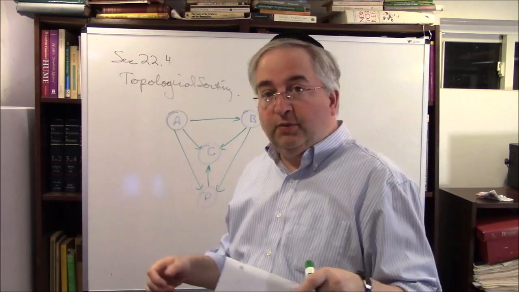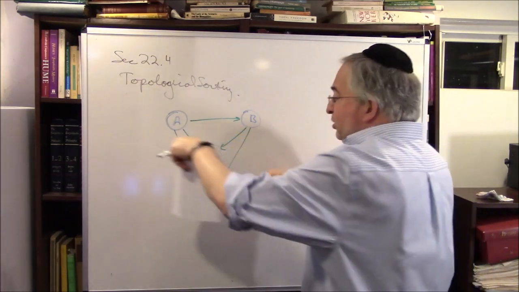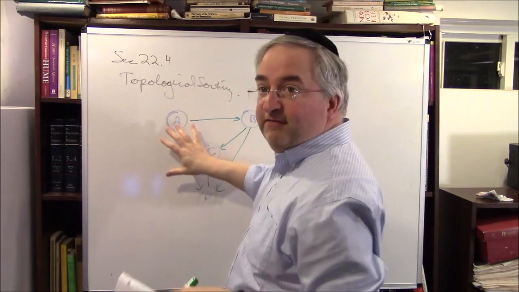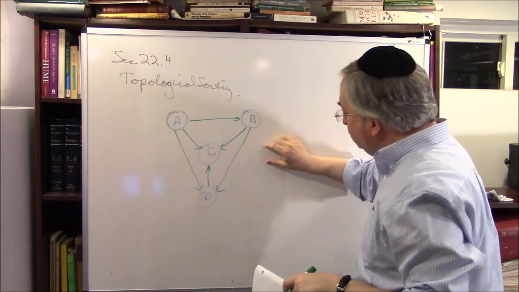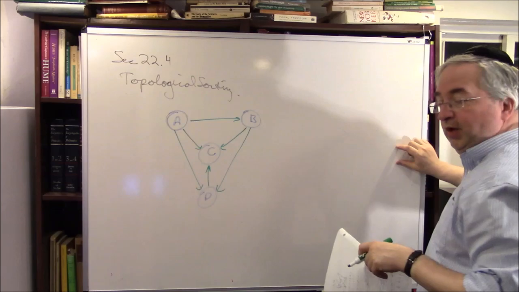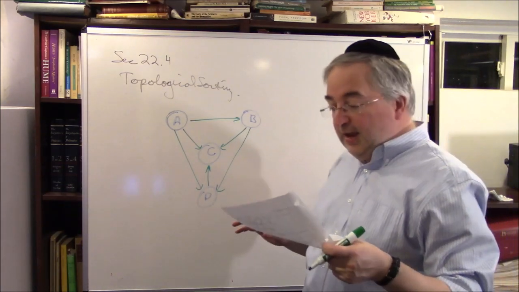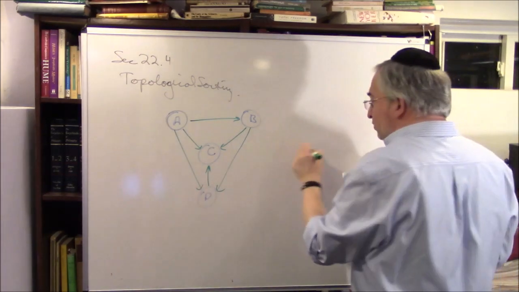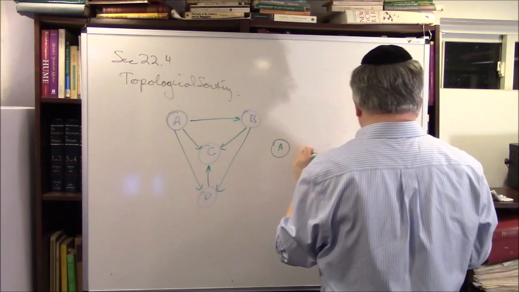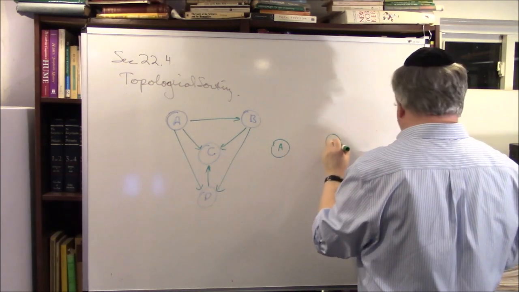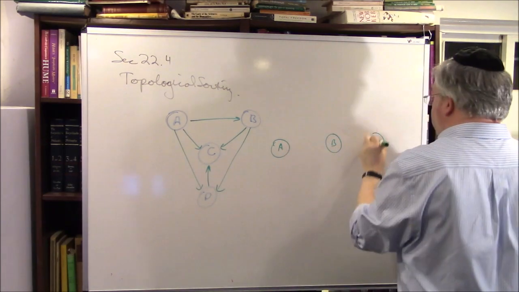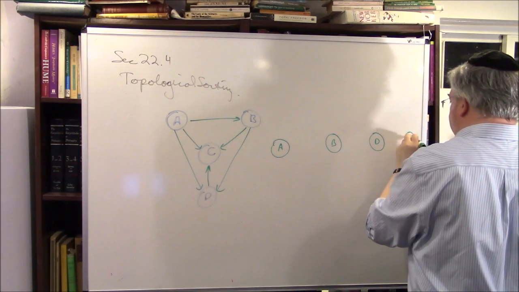So you want to twist the shape of this graph so that the nodes are all in a straight line. Okay? I can do that. I have A over here, B over here, D over here, and C over here.